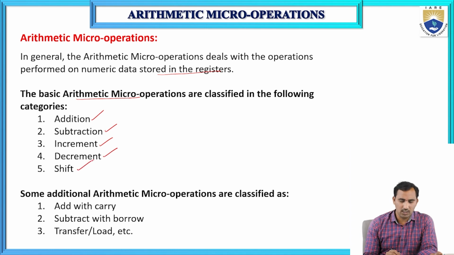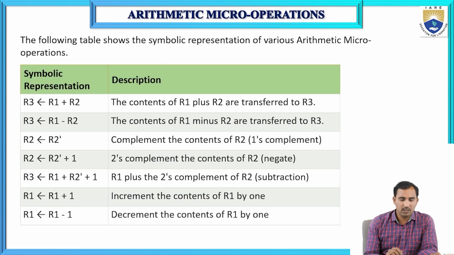In addition to that, some additional arithmetic micro operations are add with carry, subtract with borrow, transfer or load, etc. And these are the symbolic representations of the various arithmetic micro operations.